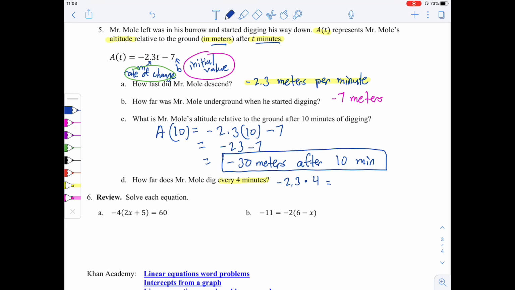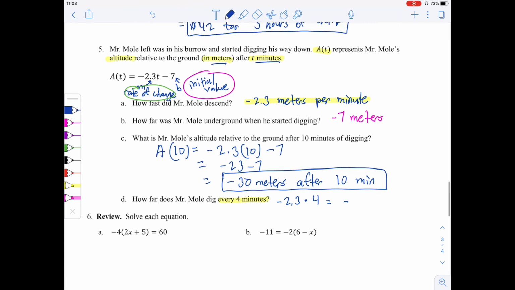Then you find how far you dug after 4 minutes. So -2.3 times 4, we got -9.2 meters. So he's going down 9.2 meters, or if you ask how far does he dig, he's digging 9.2 meters every 4 minutes.